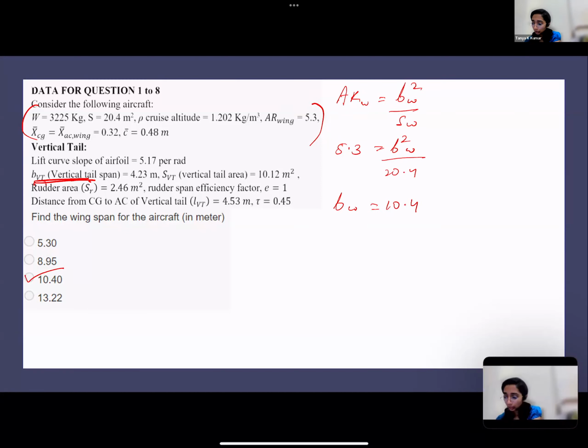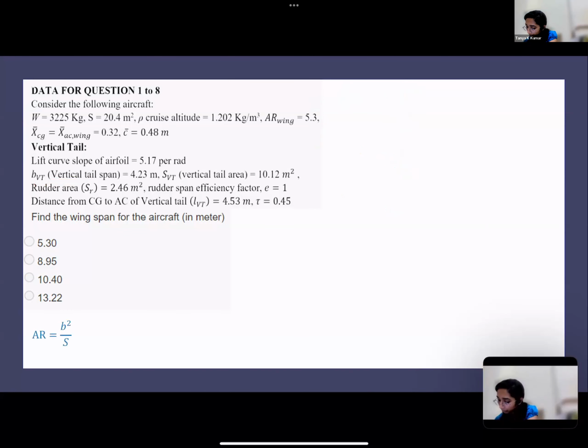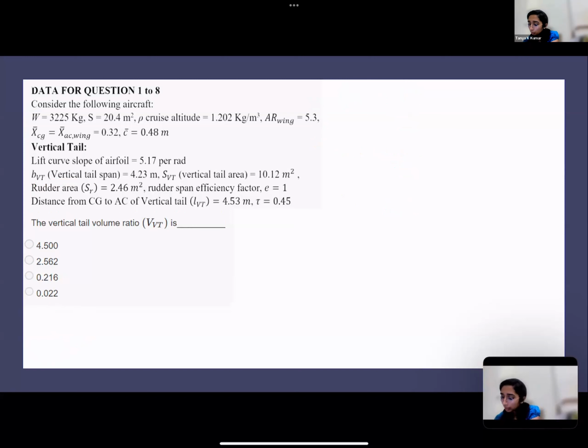Okay, now let's go to the next question. Yeah, so this is the formula that we used. The vertical tail volume ratio, VVT. Now, how do we expand this? What was for the horizontal tail volume ratio? What was the formula? Do you remember?